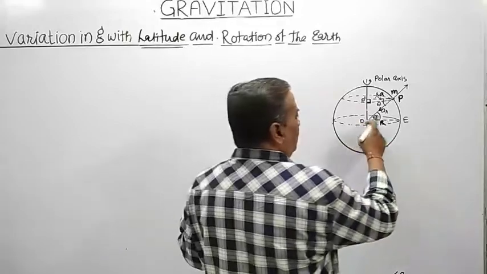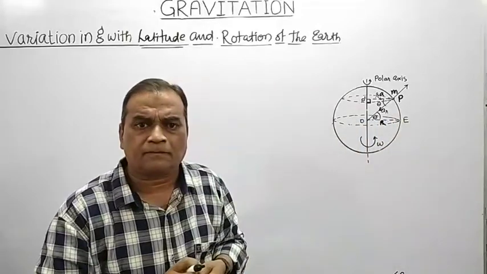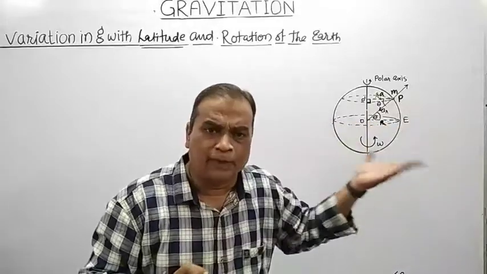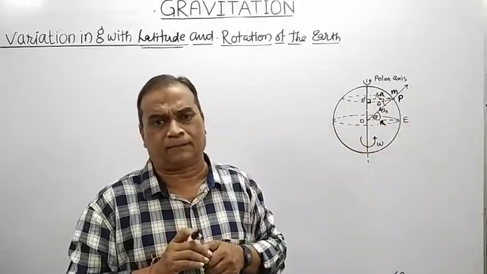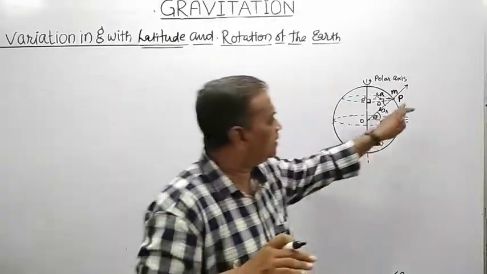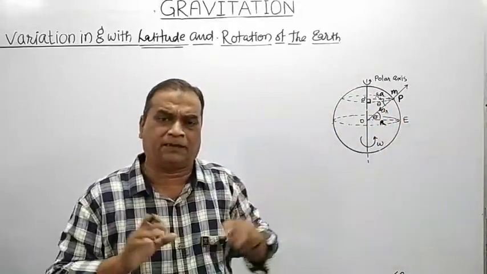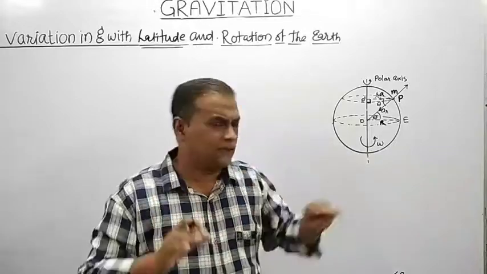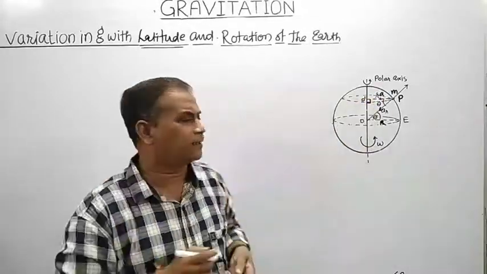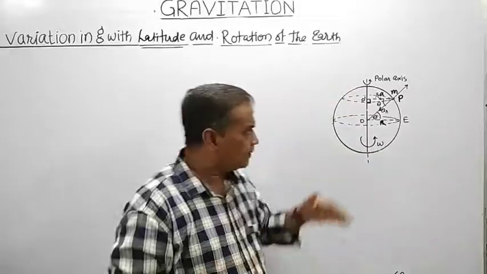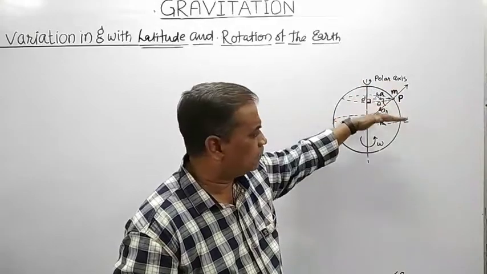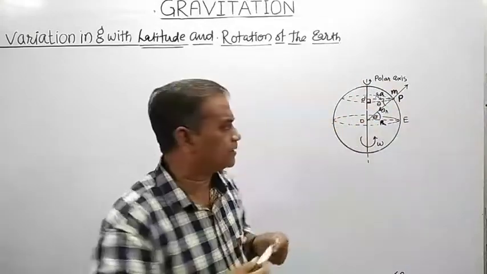And here OE represents what? OE is a line segment in the equatorial plane of the earth. So as far as the latitude of any particle is concerned, latitude of a particle on the surface of earth is nothing but the angle made by the radius vector or position vector with the equatorial plane of the earth.